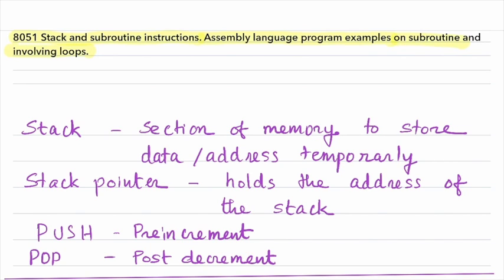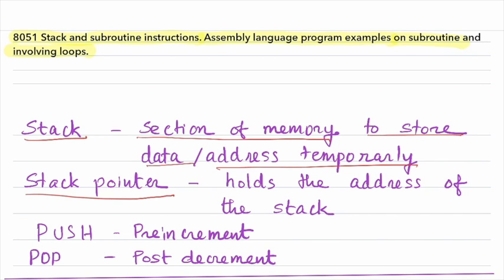To have a small recap about the last session, we have seen what is stack in the previous section, and also we have seen what is a stack, which is a section of a memory which is used to store data or address temporarily. And also we have talked about a special function register called stack pointer, which holds the address of the stack memory.